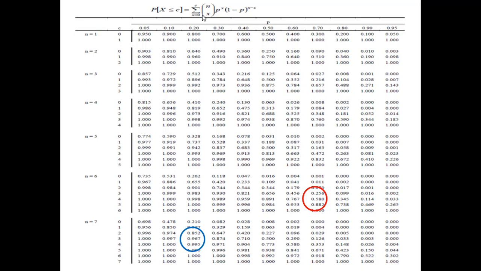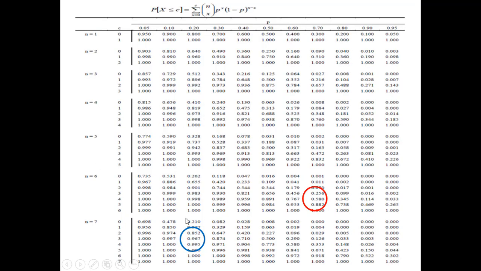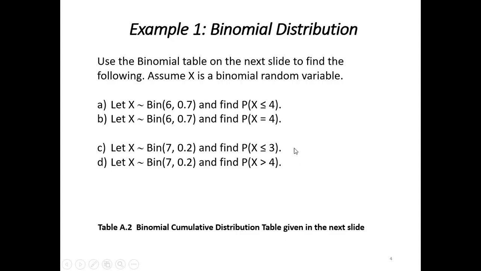So in the question that we were looking at, we knew that n was 6, so we would come down here to this section. P was 0.7, and we were interested in this probability here. The probability x is less than or equal to 4, so I find my x value here. So I go over to the column with p is 0.7, x is 4, and we see the answer is 0.580. So that's how we could get our answer to the first one.